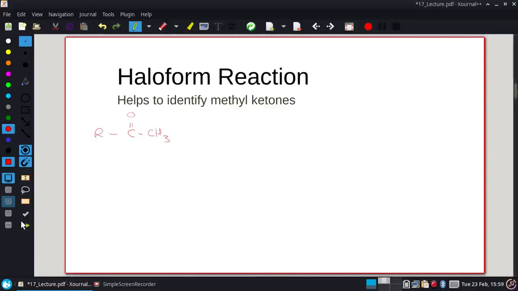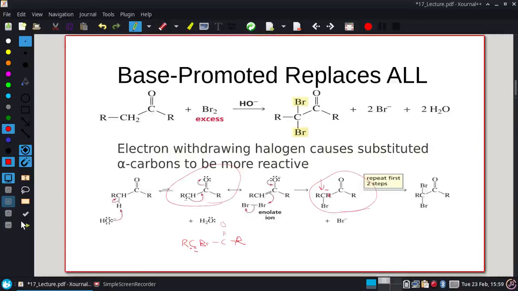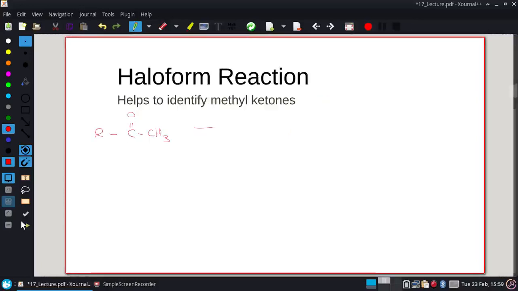But the reason this is so darn important, this one having 3 H's on there, we could do these two steps multiple times, and I'm going to do it like this, arrow, arrow, arrow, to say we're doing that 3 times, we would end up with Br, Br, Br, and replace all of those alpha positions on this side with bromines. And it's just because once you replace one, it becomes more reactive. So replacing 3 is going to be a piece of cake.